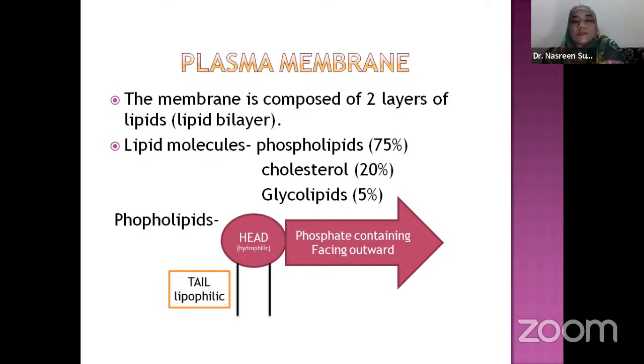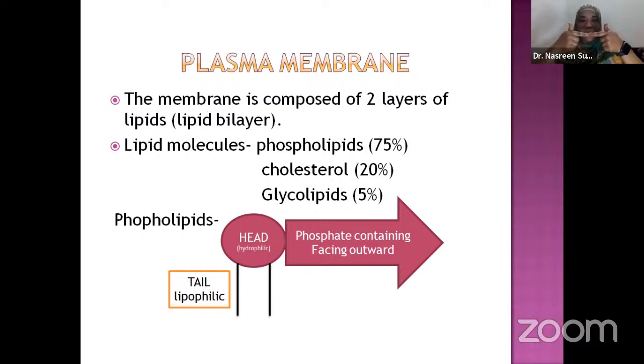How will these be attached to phospholipids? Head, tail, head, tail. So the outermost one is your head, and the innermost one is also your head. In the middle, there will be the tails. My fingers are your tails, and my thumb is your head.